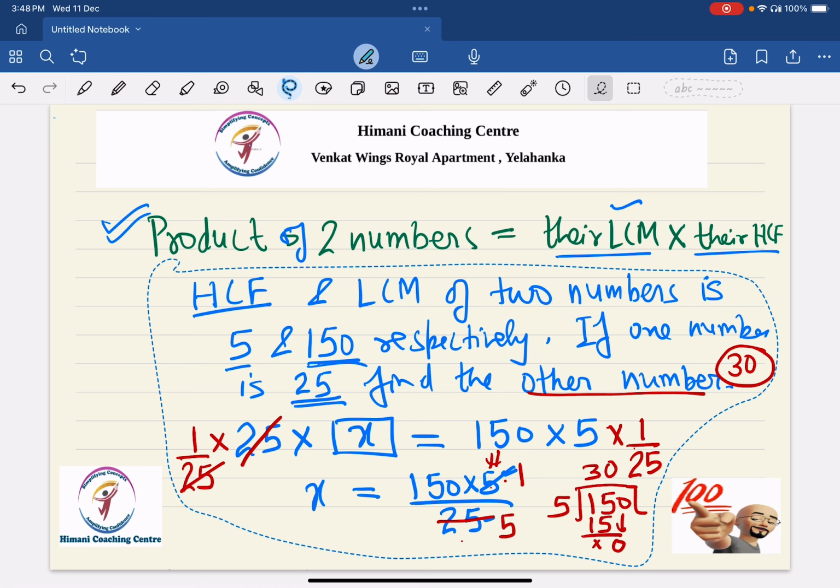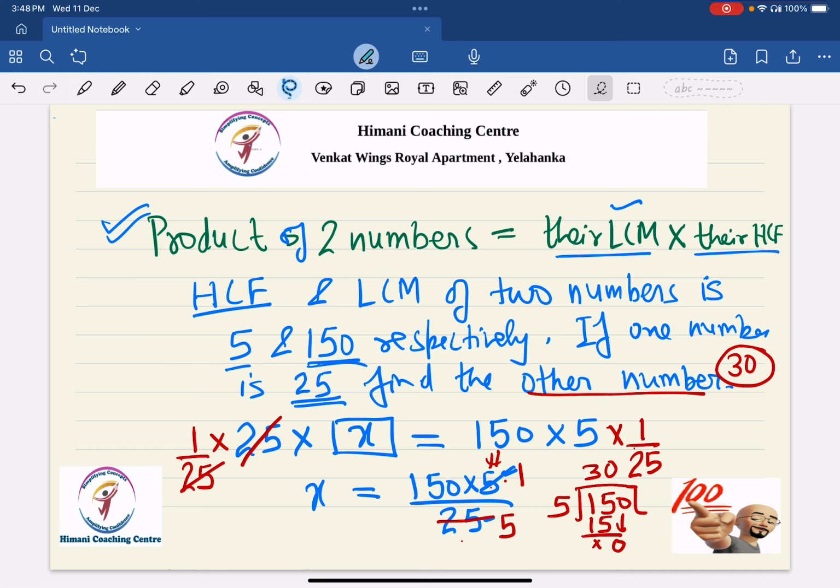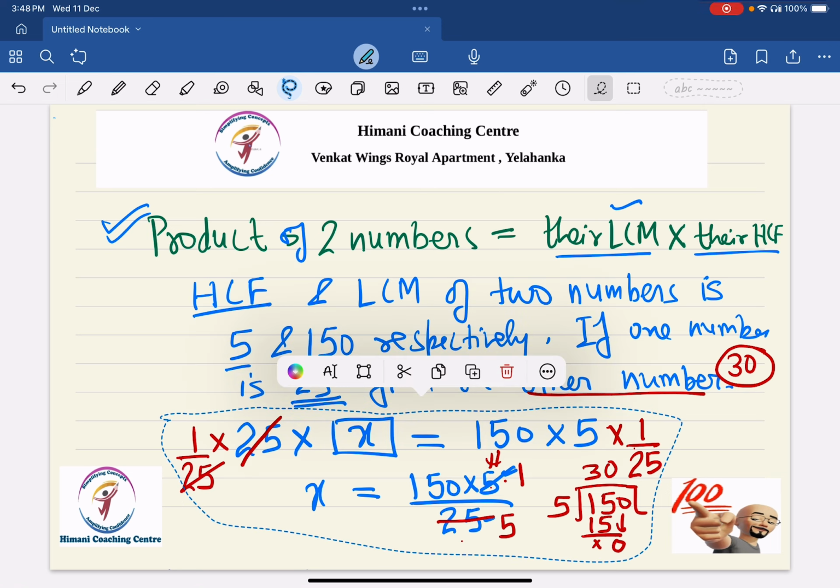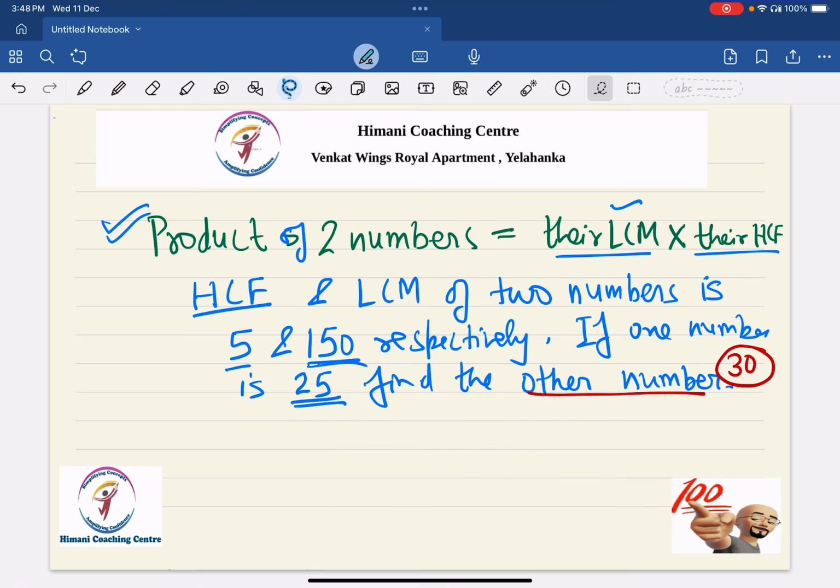Okay, kids, let me remove this part because I will make the question. I'll do some changes in the question. Give me a second. We can remove this 30 as well. Remove this, and remove this. Okay. So kids, now I am making a question for you.